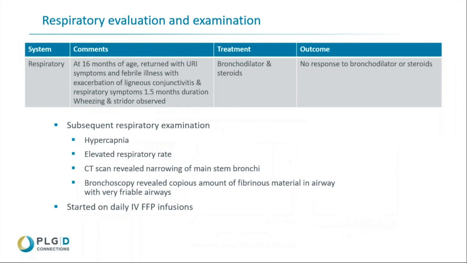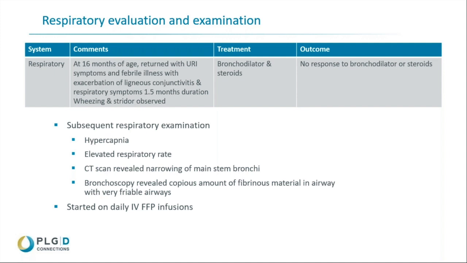At 16 months of age, the family reported URI symptoms and febrile illness, resulting in exacerbation of ligneous conjunctivitis, and ongoing wheezing and stridor, which did not seem to respond adequately to bronchodilators and steroids. She was found to have upper airway inspiratory and expiratory stridor and elevated respiratory rate, which prompted a stat evaluation by a multidisciplinary team.